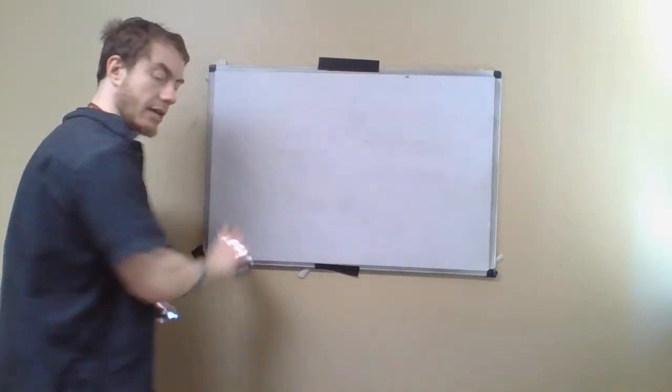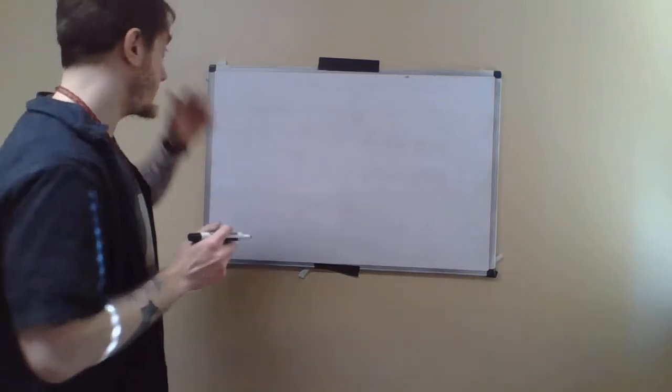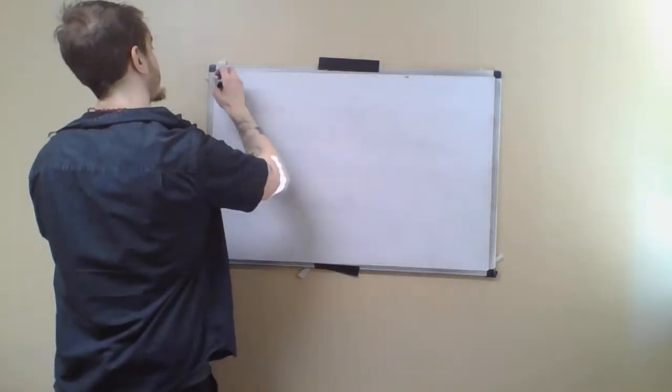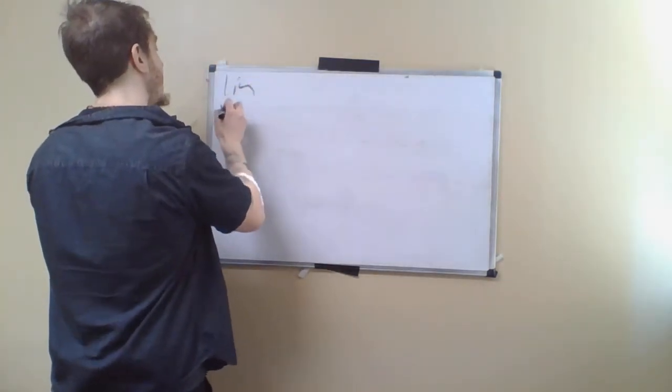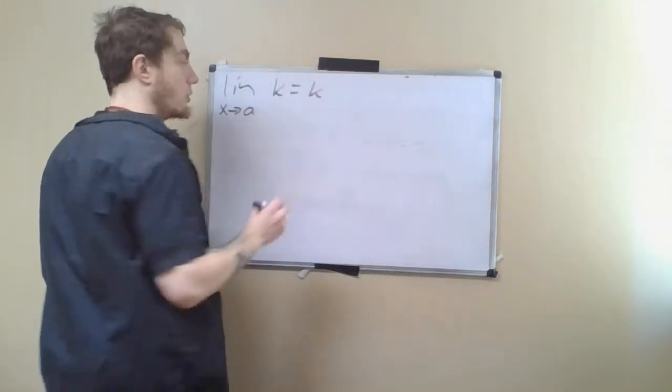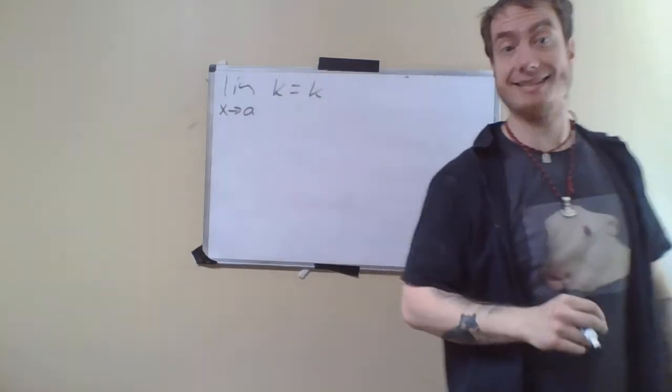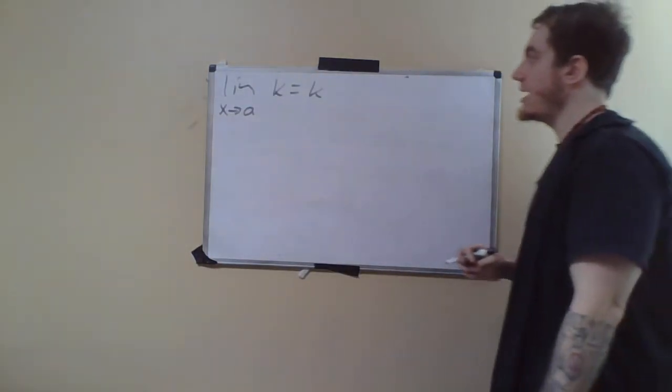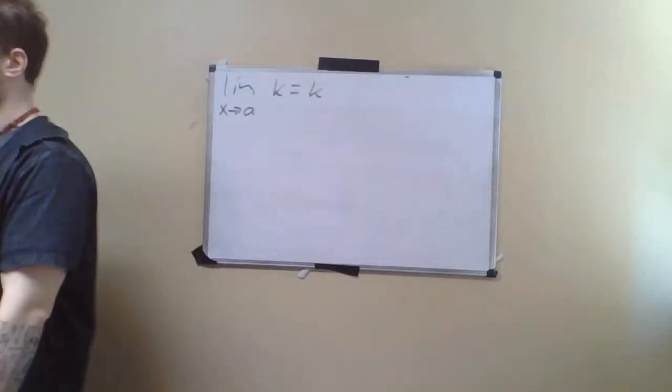The next property, and this one is fairly easy to see, is the limit as x approaches A of a constant k is always just equal to k itself. Now, how do we see that this is true?